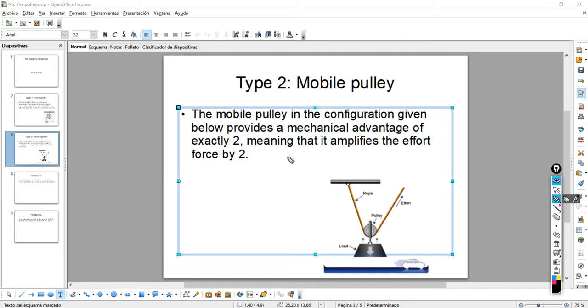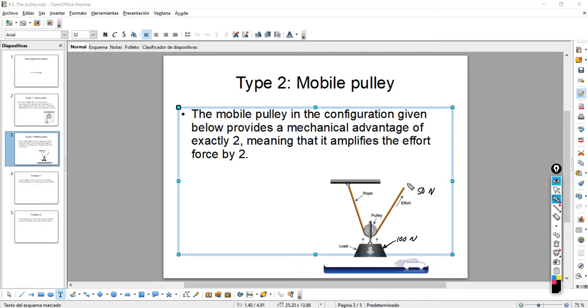What does that mean? It means that it's going to amplify the effort force by 2. So in this case, suppose that you want to raise a load which weighs 100 newtons. Then the effort that you're going to have to apply in this direction is going to have to be 50 newtons only. Why?